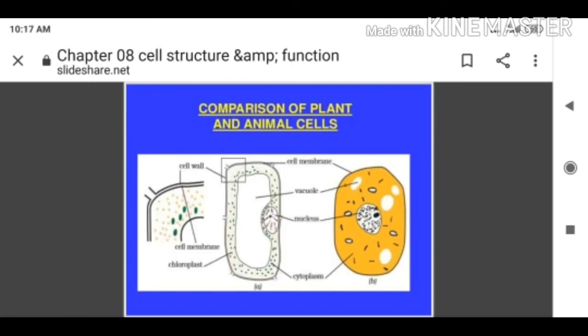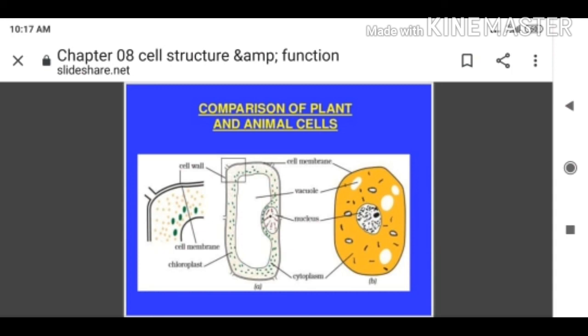Now children, from the picture, try to understand the difference between plant cell and animal cell. You are able to see that in the plant cell, the cell wall is present. In the animal cell it is absent. In the plant cell chloroplast is present, or you can say plastids are present. In animal cells these are absent.